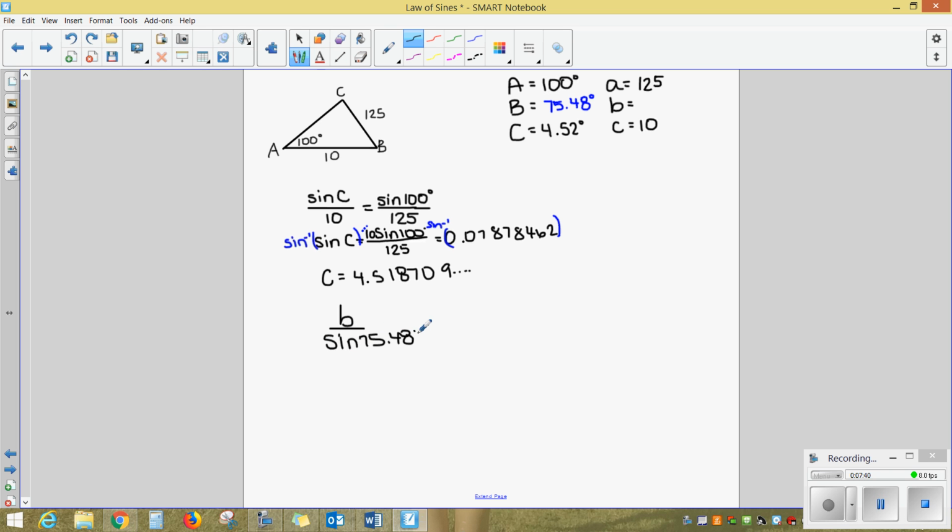I can use either pair, either the C and the little c and the big C, or the A and the other A, but I always feel like it's safest to use the pieces that I was given. And then we can multiply both sides by the sine of 75.48 and get the answer.